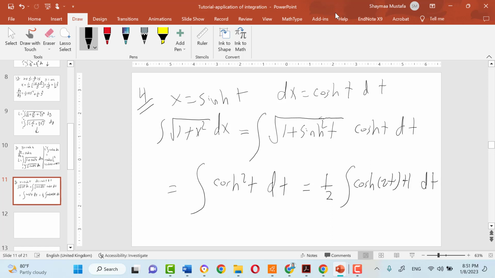So this one will be equal to 1 over 2 times sine 2t over 2, plus t, plus constant. So now you need to rewrite your integration in terms of x.